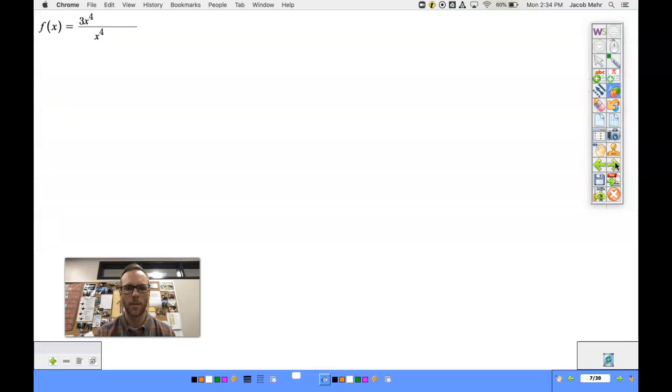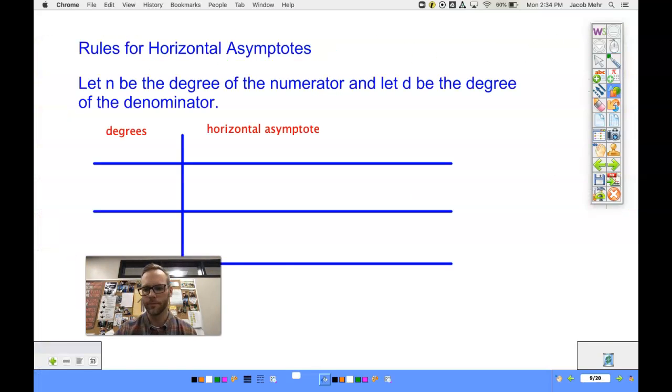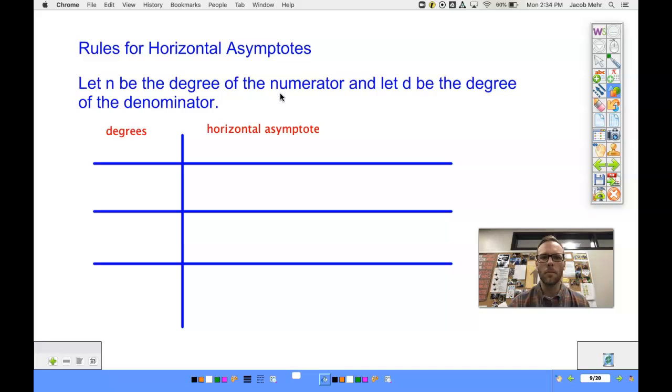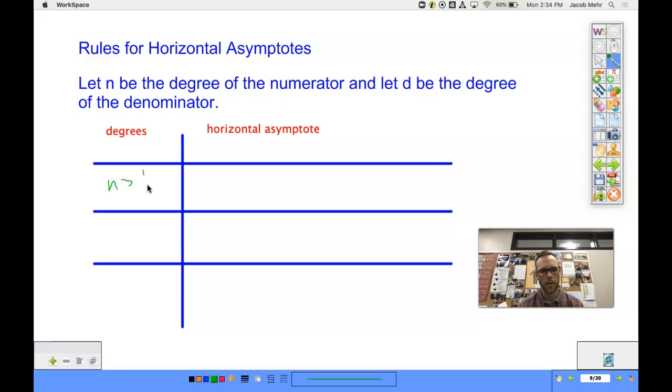So let's summarize. Okay, let's make a table here. Let n be the degree of the numerator, and let d be the degree of the denominator. So there are 3 things that can happen. The numerator's degree can be bigger, they can be equal, or the denominator's degree can be bigger. If the degree of the numerator is bigger, the numerator wins and it goes off to infinity, so I'm going to say no horizontal asymptote.